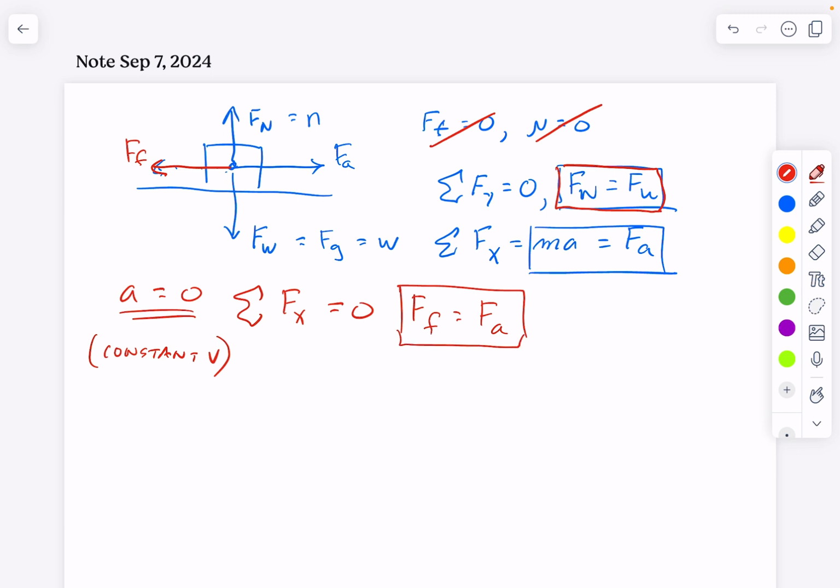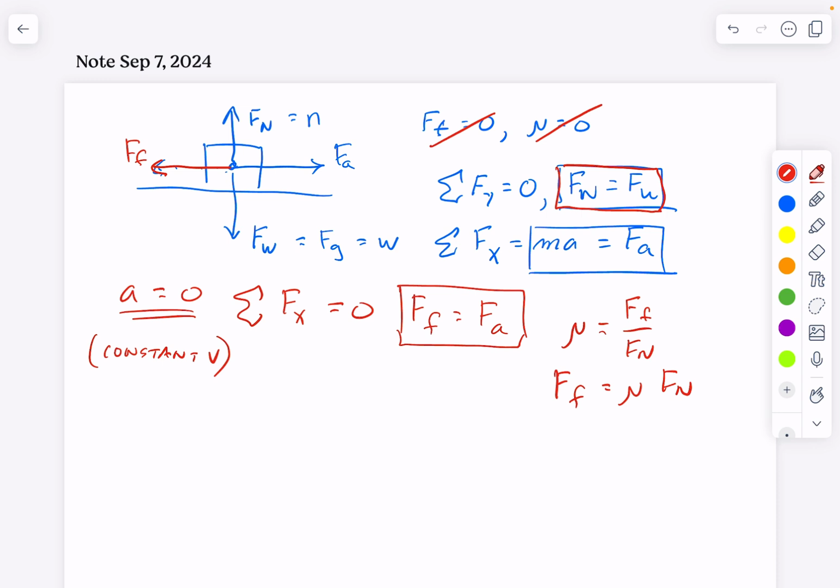And as soon as we have a force of friction, it also means that there's going to be a coefficient of friction, which is going to be the force of friction divided by the normal force. And we can say, therefore, that the force of friction is going to equal mu times the normal force.